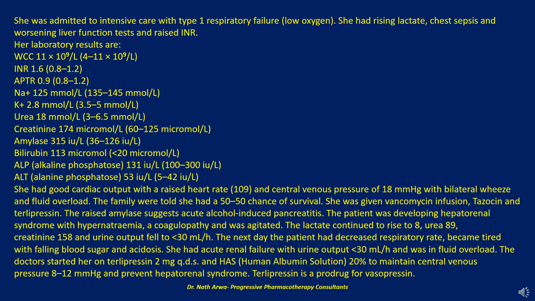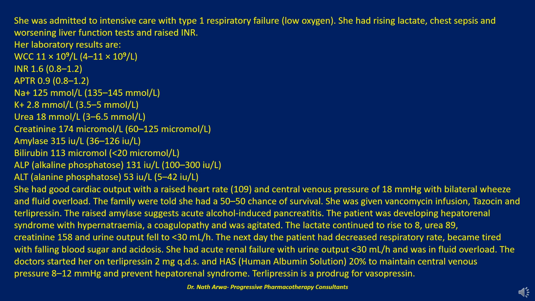Alkaline phosphatase, abbreviated as ALP, is 131 international units per liter. The reference range is 100 to 300 international units per liter. Alanine aminotransferase, abbreviated as ALT, is 53 international units per liter. The reference range is 5 to 42 international units per liter.